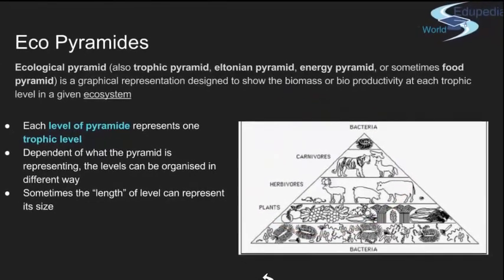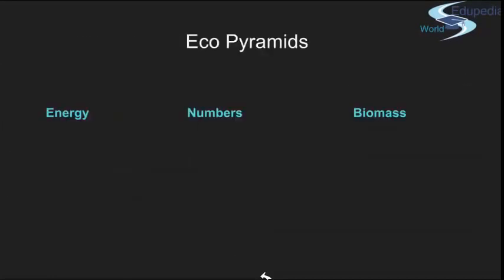Considering this, ecopyramids can be upright, inverted or bell shaped, and what they can represent is the energy flow through the ecosystem, biomass as a productivity of an ecosystem, or the number of organisms per trophic level in a given ecosystem.